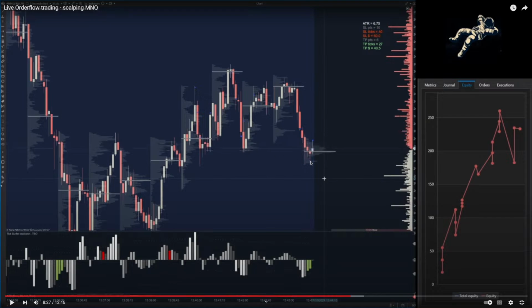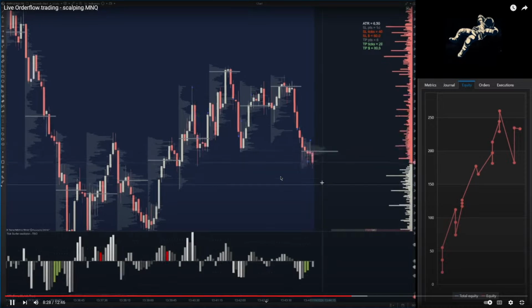In fact, this move had nothing to do with sellers getting interested. It's really just that the big money wants the liquidity down here, and then they just take out all of the highs in one clean move, so you don't get any break and retest of these. That's something I'm really struggling with still, to figure out when they do that.